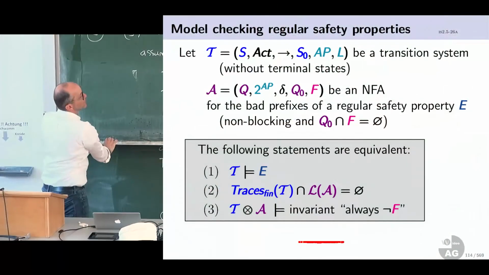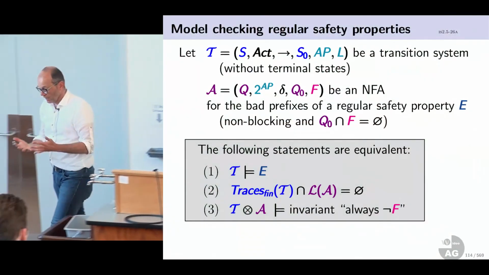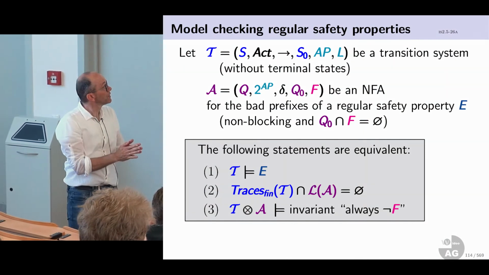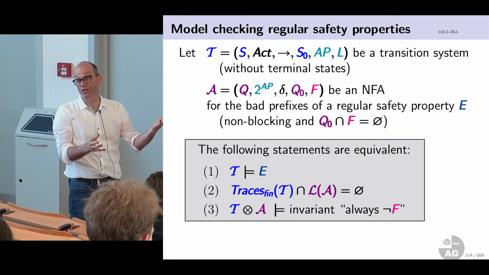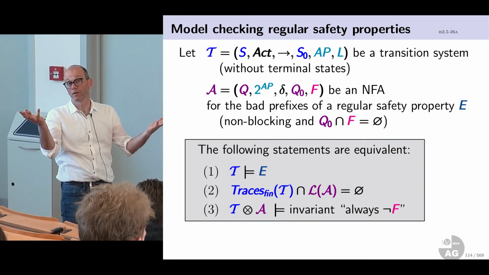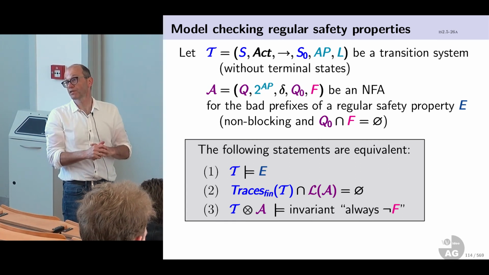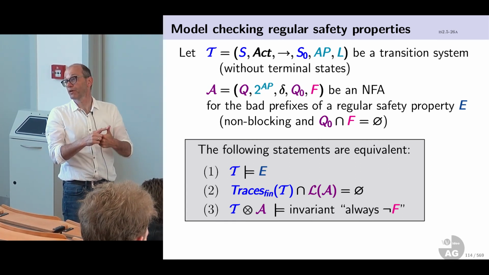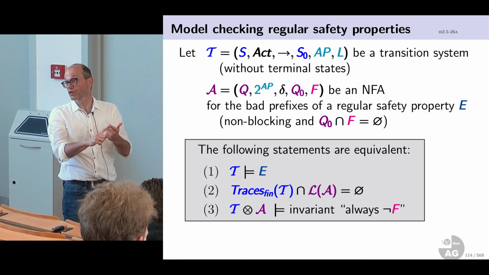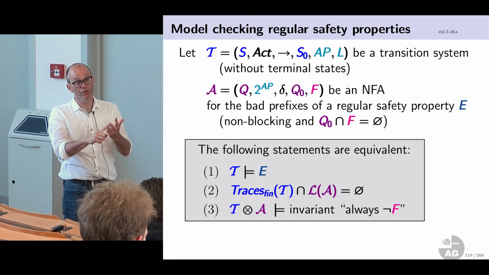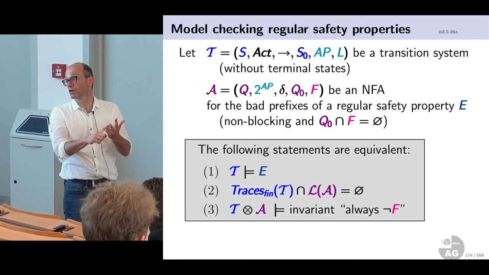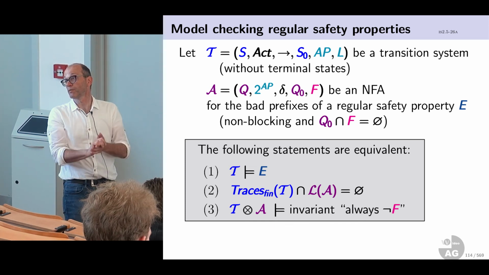So all this work enables us to conclude that given a finite transition system, a regular safety property, how can you algorithmically check this? Construct the bad prefix automaton, construct the product, check in the product whether you can never reach a final state or not. And that can be done in linear time.